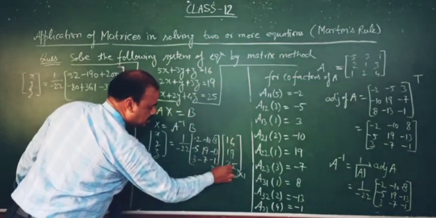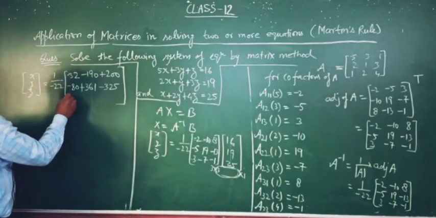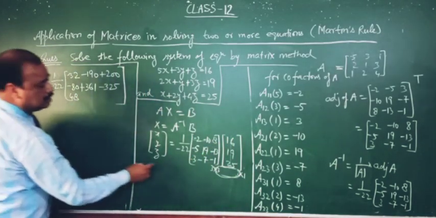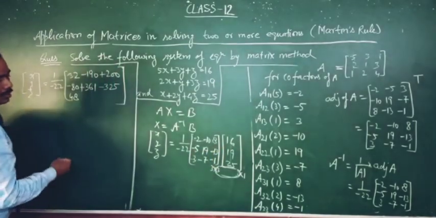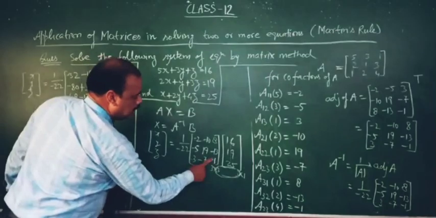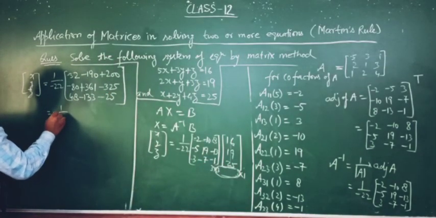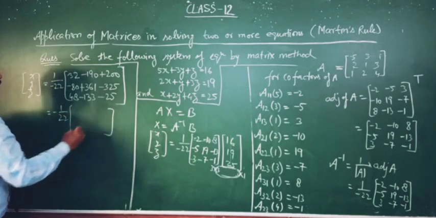Third row, first column: 3 into 16, 48, minus 3 into 19, minus 133, and negative 25.